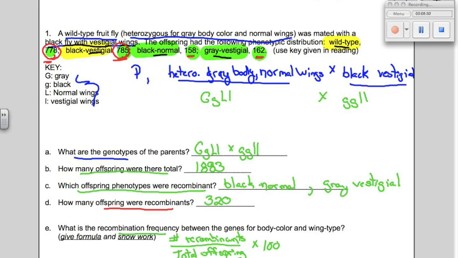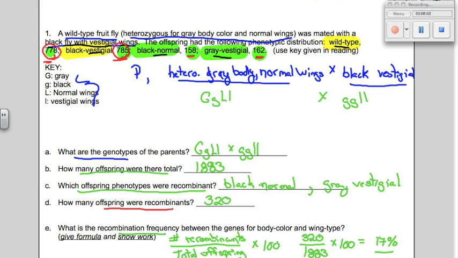So in this case, I have 320 recombinant flies divided by 1,883 total flies times 100 gives me a number of 16.9% or 17%. Now, great, they show recombination, crossing over happens 17% of the time with these flies.